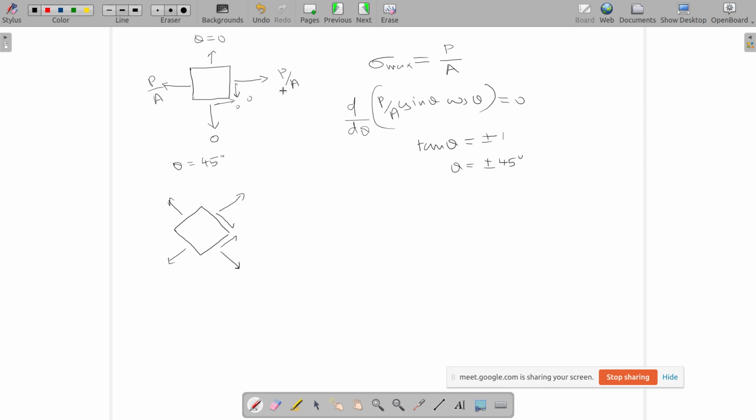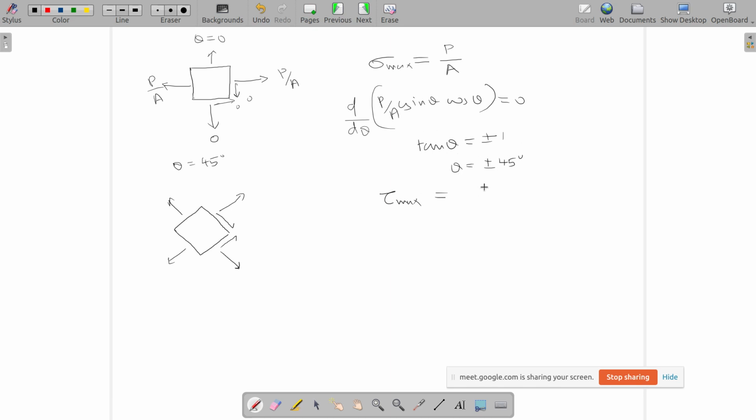Here at the maximum value of normal stress, the value is P by A, but the normal stress on the plane perpendicular to that was 0, and shear stress was also 0. Here the maximum value of shear stress is happening at theta equal to plus or minus 45, and if you put 45 back in here, you will get tau max as sin 45 cos 45.